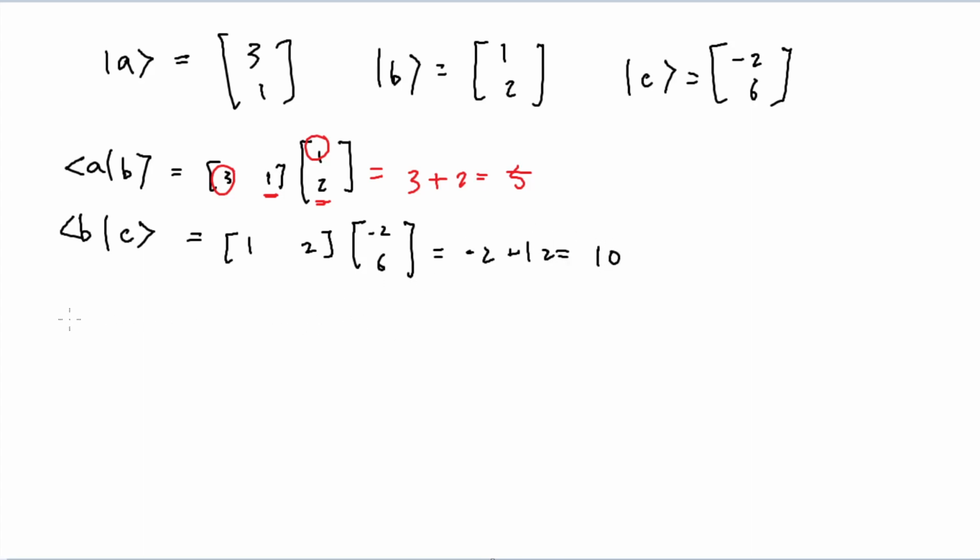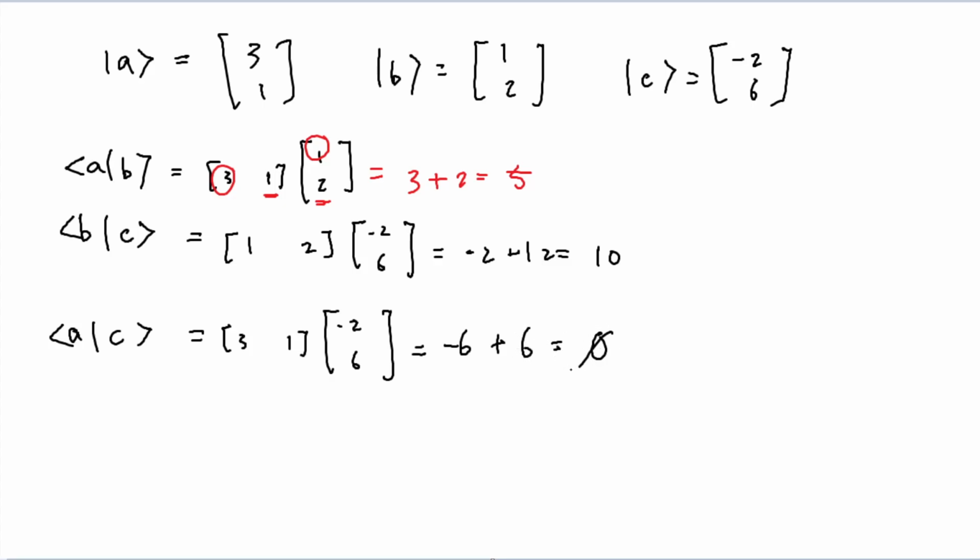And lastly, you have A and C, which is 3 and 1 multiplied by negative 2 and 6. And maybe if you're plugging this in from a common core mathematics perspective, you may notice that if you take these as points and you try to calculate their slopes relative, for instance, to the origin, you might notice that these are perpendicular to one another.